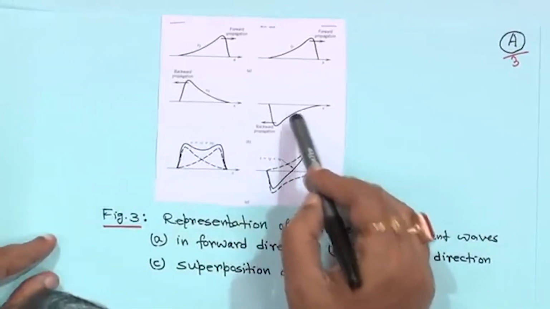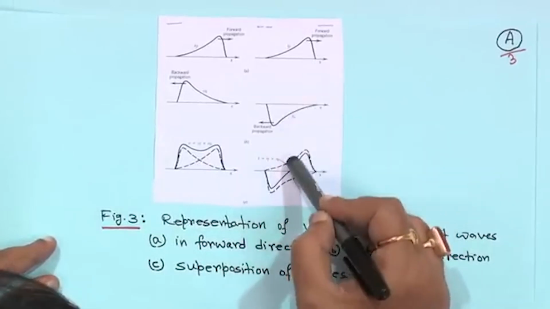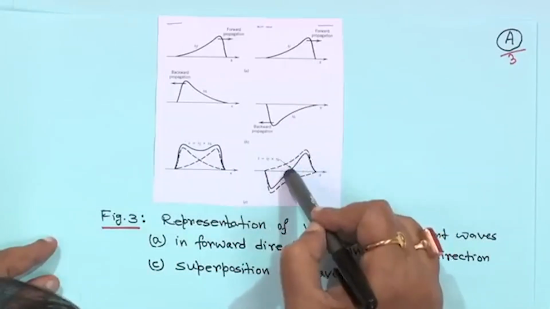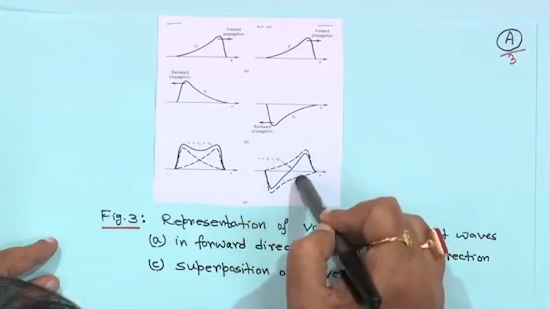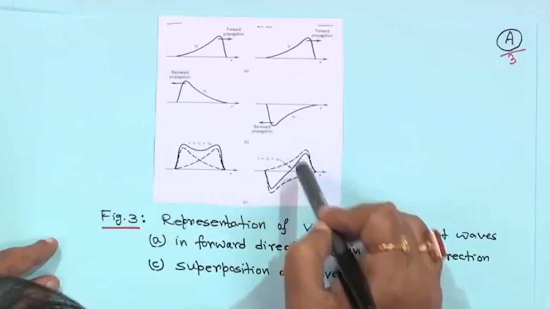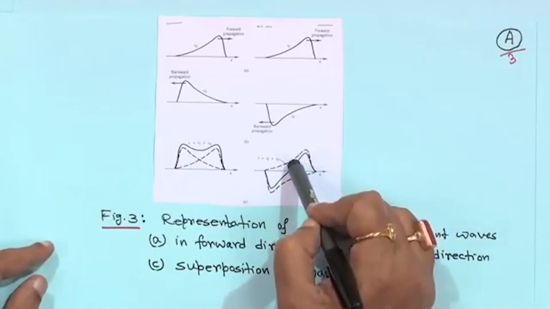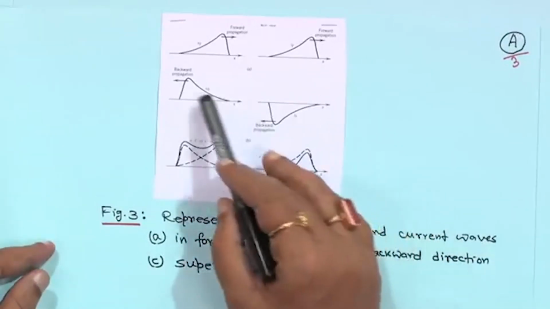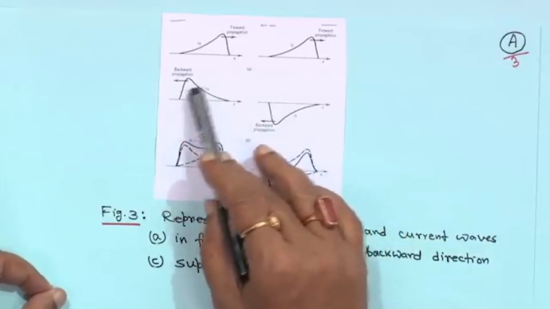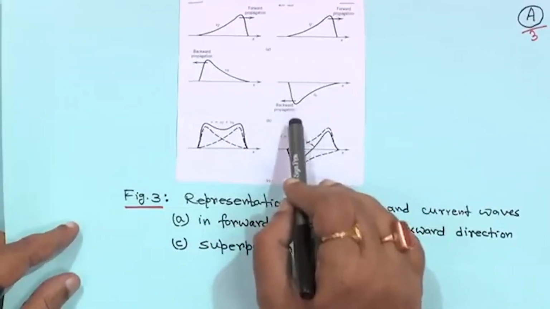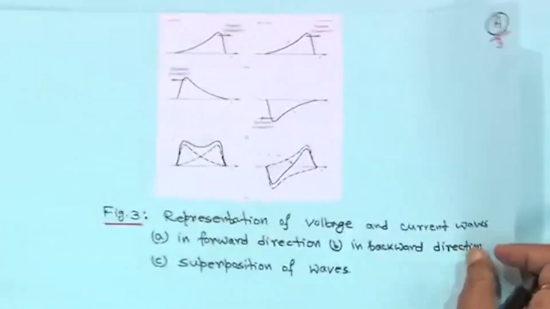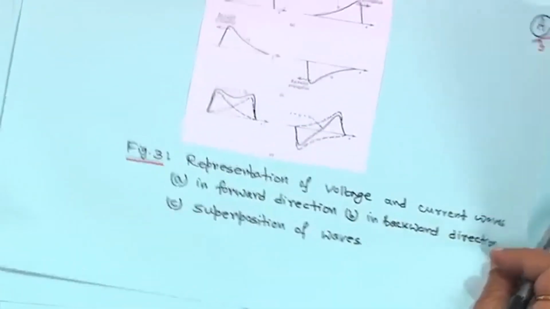Similarly, in the case of current, this continuous line is If plus Ib, and the dash line is backward propagation and this is forward propagation. So, for backward propagation the voltage Vb is positive, but the backward propagation current is negative. Now, this is the superposition.